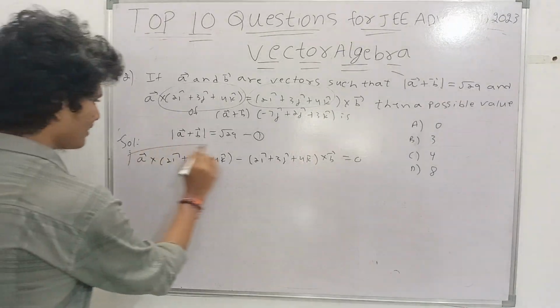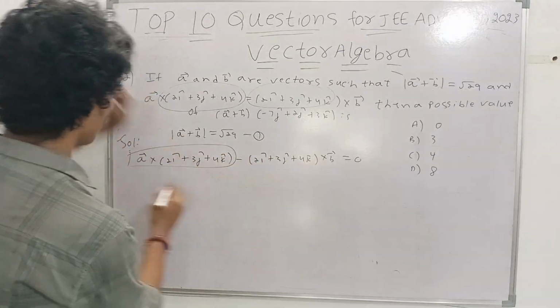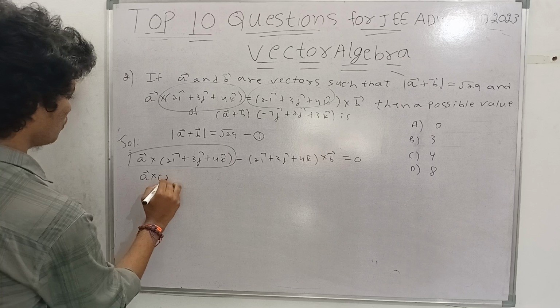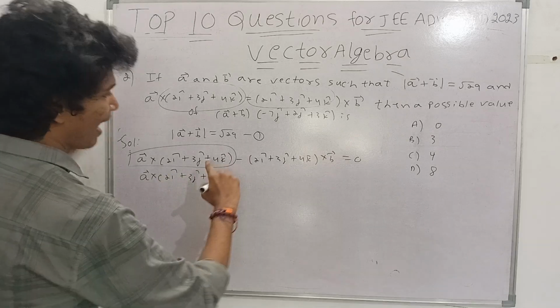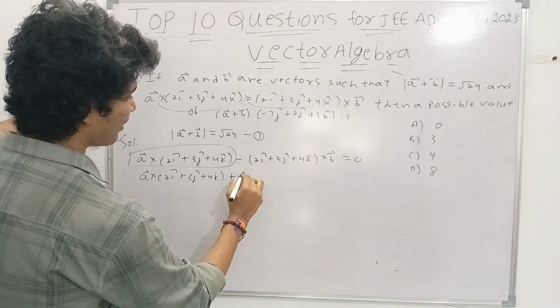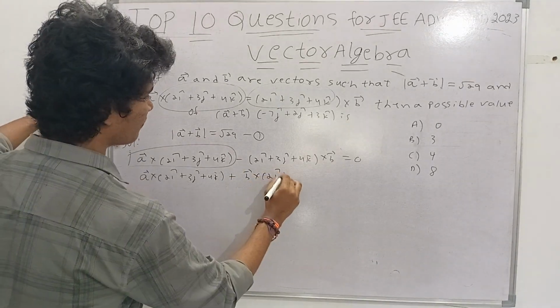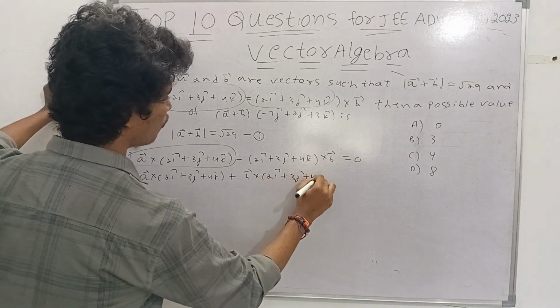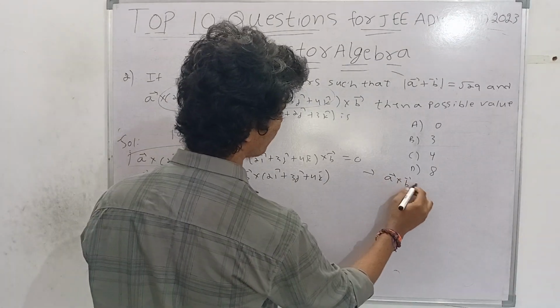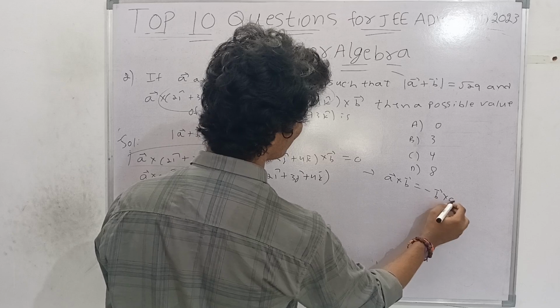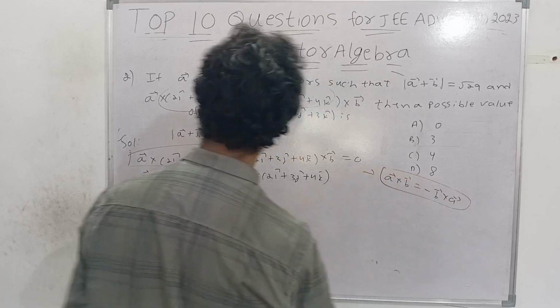So I am keeping this as same, but shifting the other: a cross 2i cap plus 3j cap plus 4k cap plus b cross the same vector. What I used here is a cross b equals minus b cross a. This property I have used here.